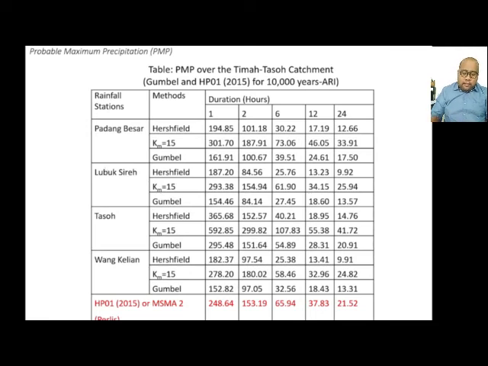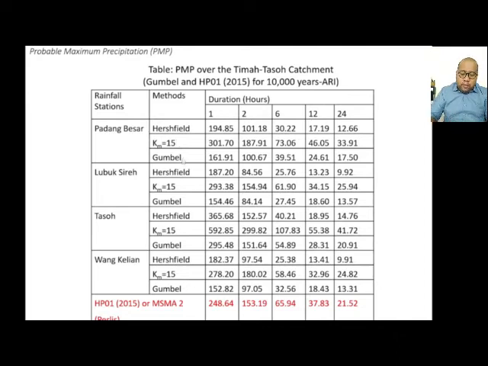So this is the example of a study of the PMP by using Hershfield. And then if we use Km equal to 15, and lastly we use the Gumbel here for the 100,000 years ARI.